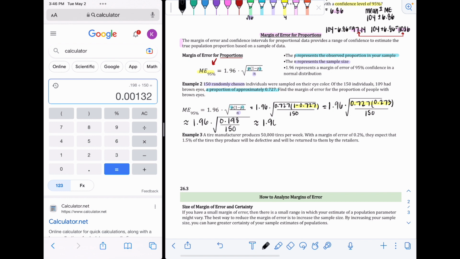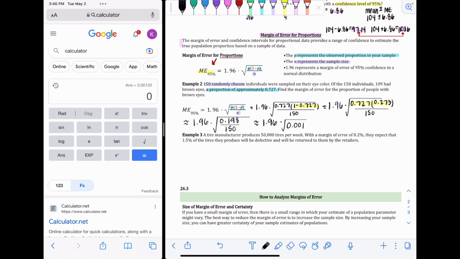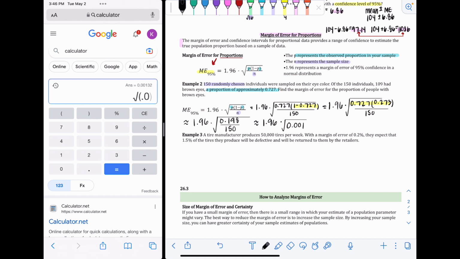So 1.96 times the square root of 0.001. If I want to take the square root of 0.001, I have to switch to the other side of the calculator to get my radical. The square root of 0.001 ends up being, if I round to 3 decimal places, that 6 in the 4th spot would round the 1 up to a 2.